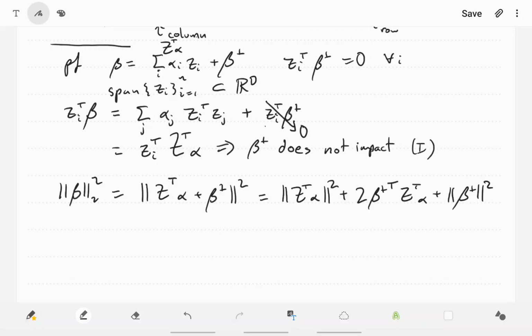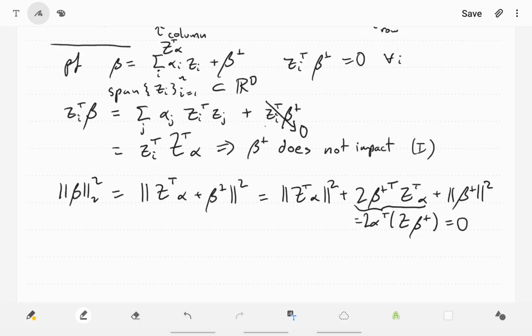But this cross term is going to go to 0, because this is equal to alpha transpose Z beta orthogonal, and this is equal to 0 just by assumption about beta orthogonal.